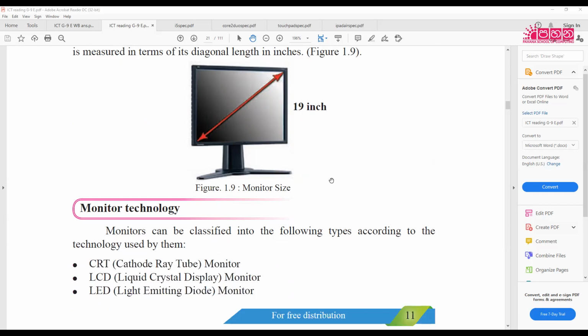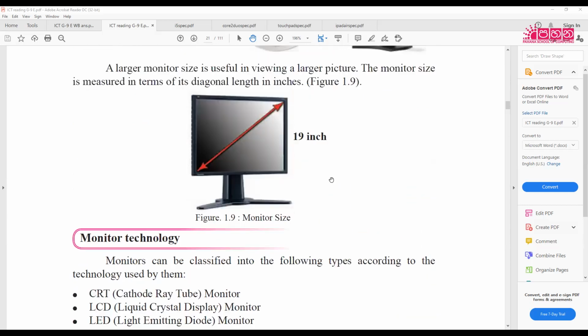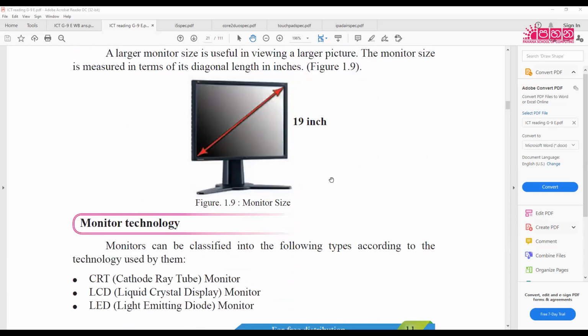Then the next thing is we have to discuss the different technologies. Monitors come with different technologies. The three main technologies used were cathode ray tube monitor, we call CRT monitor, liquid crystal display monitor, LCD monitor, and light emitting diode monitor, LED monitor. So these are the three types.